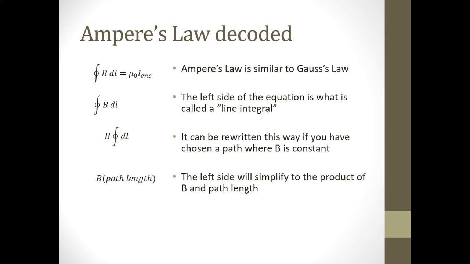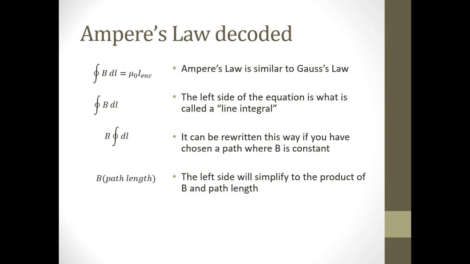Now, if we think about what the line integral of dl really means, if we work that out, it really equals how long that loop is from one end of the loop to the other end. If I have something like a circle, then the line integral of dl is 2 pi r.